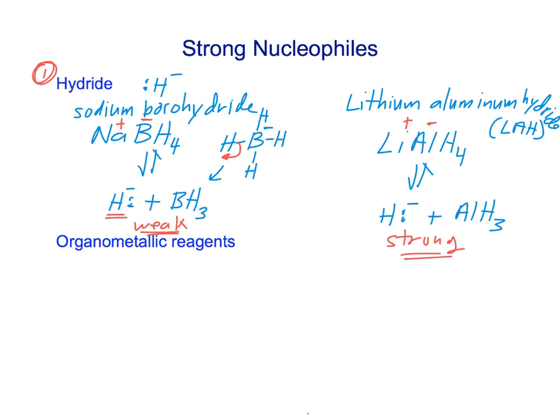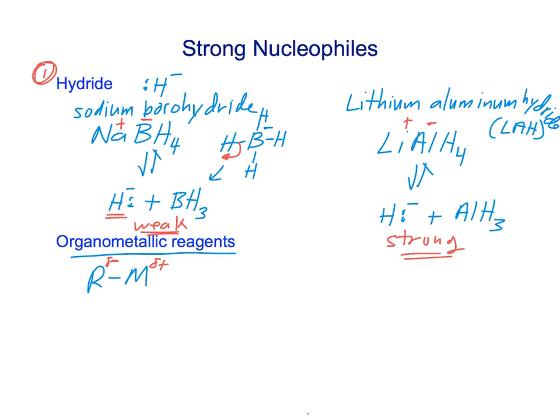The other types of nucleophiles we're going to look at are called organometallic reagents. There are 3 of these we're going to talk about. All of them are essentially going to have this format where we have a metal attached to the alkyl group or the benzene ring or something like that. Because the metal is more electropositive, it pushes electron density back onto the carbon, so we get a delta minus on the carbon and a delta plus on the metal.